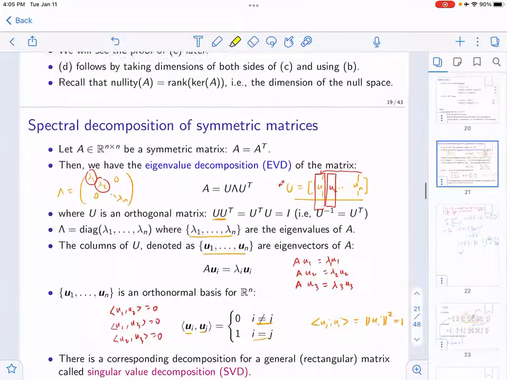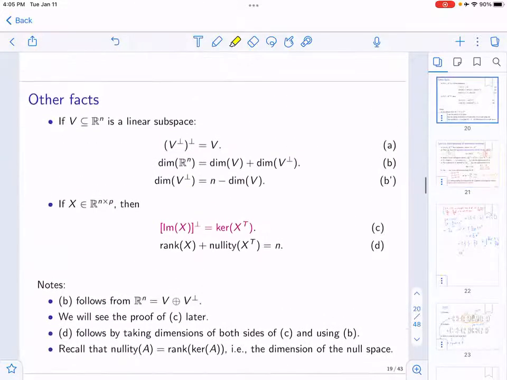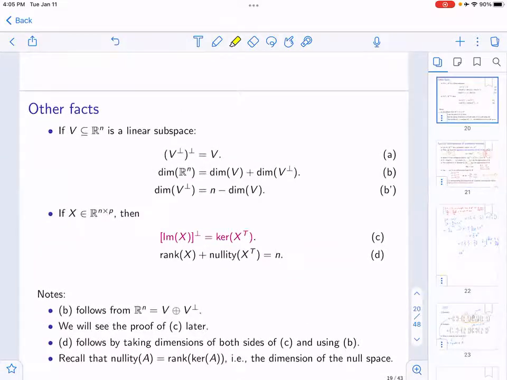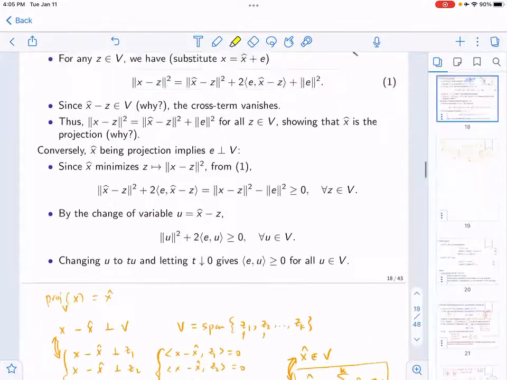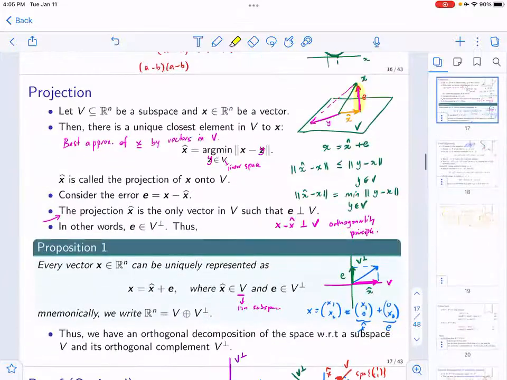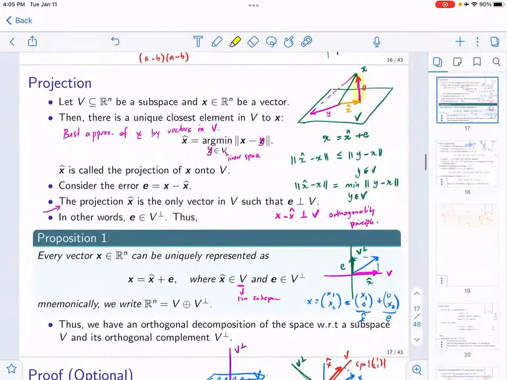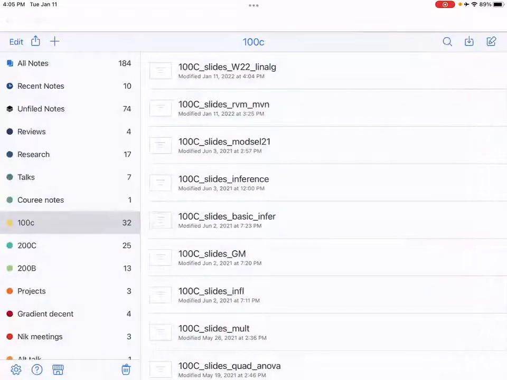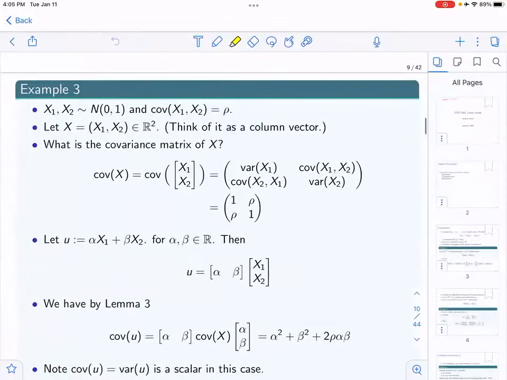So I spent some time on them, and we're going to see them throughout the course, but not as much as this idea of projection. So I would say try to understand the projection idea, and it will help you later on when we get to regression. Okay, so let's go back. This concludes the review of linear algebra.